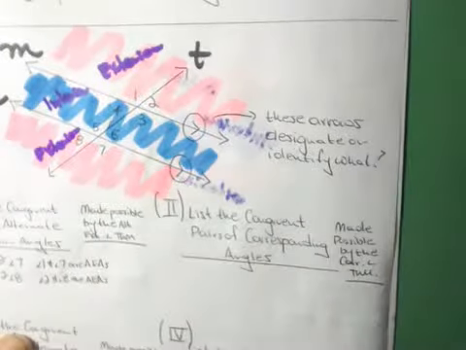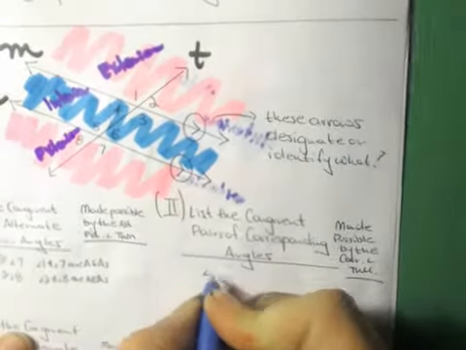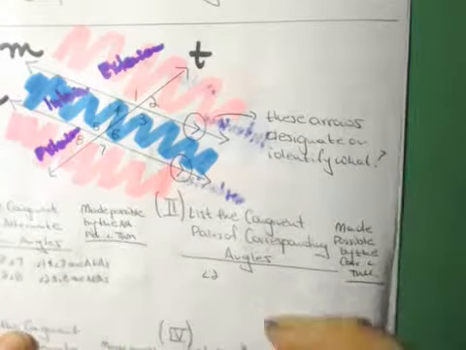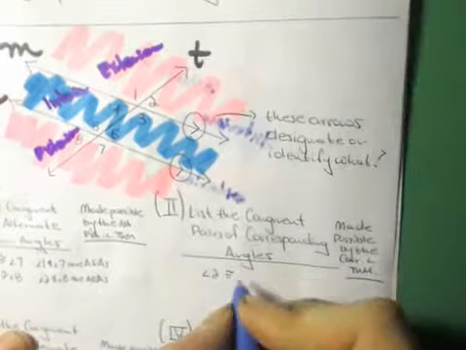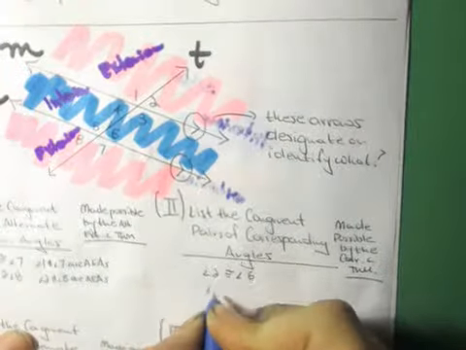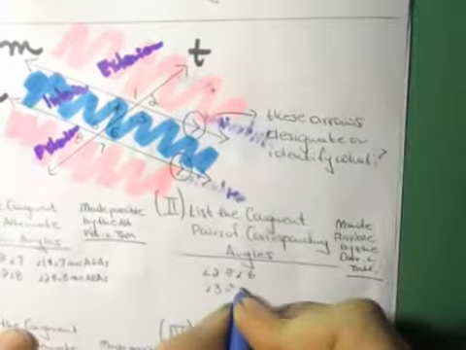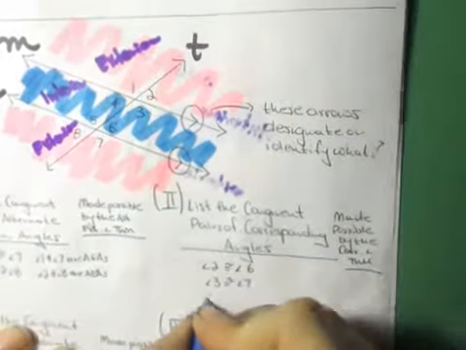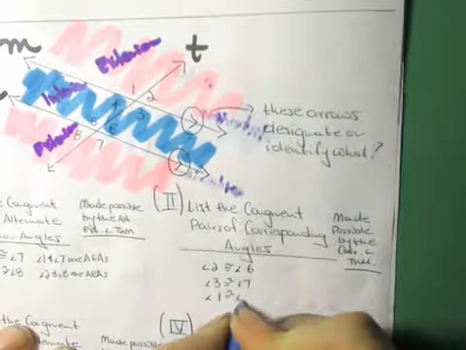Okay, so the pairs of corresponding angles: we can say that angle 2 is going to be congruent to angle 6. Angle 3 is going to be congruent to angle 7. Angle 1 is going to be congruent to angle 5.